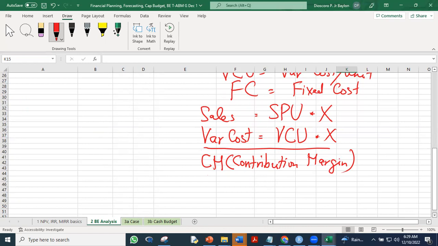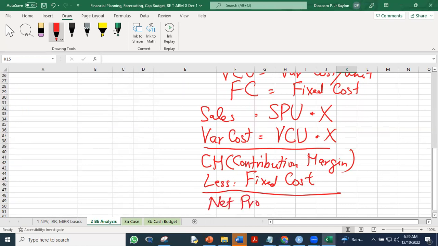And then we have to deduct the fixed cost. By deducting the fixed cost, we have covered all the costs involved, and the result is your net profit. Okay.